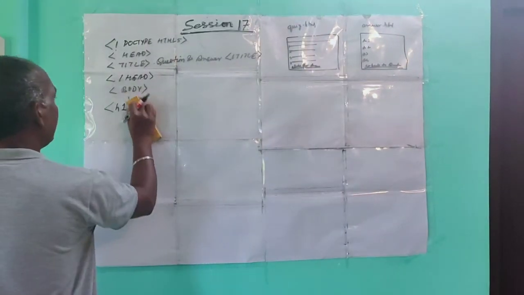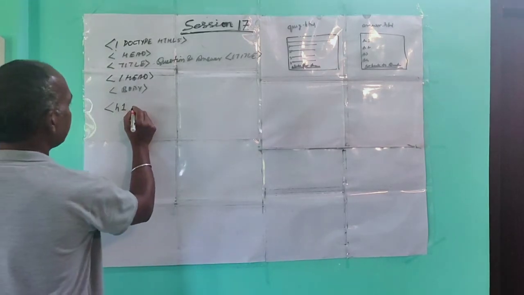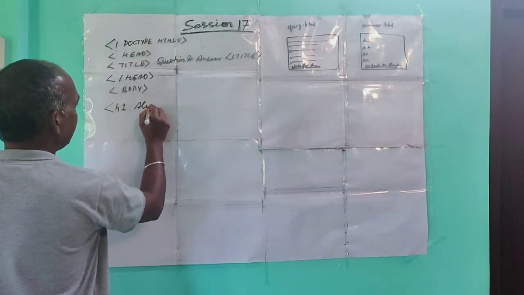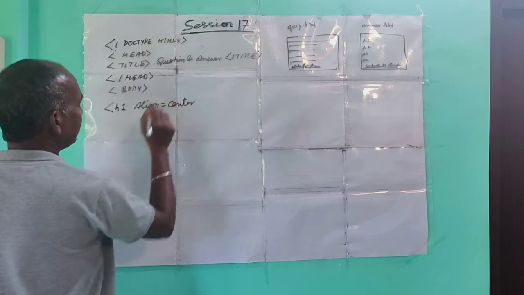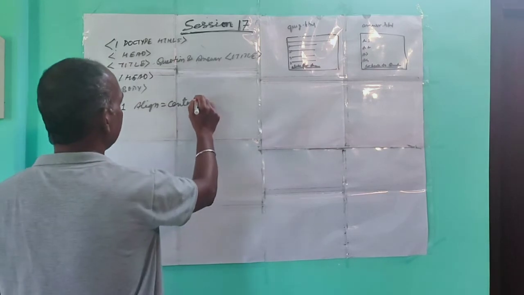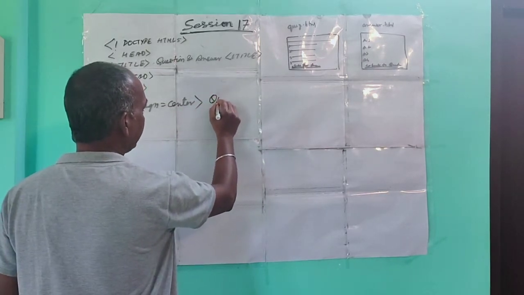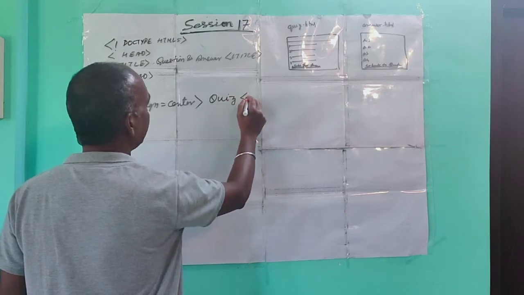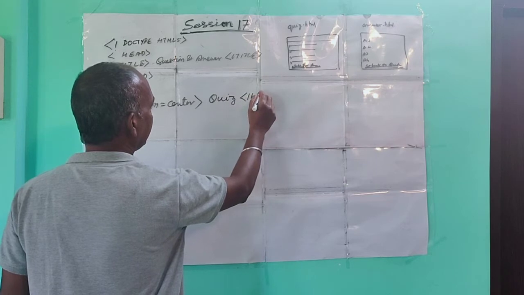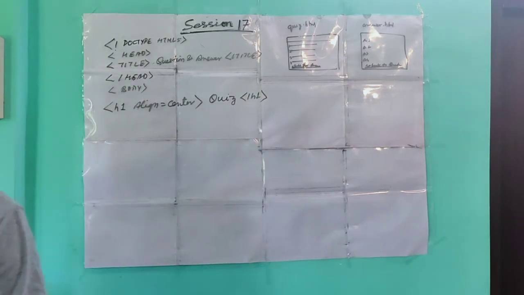Center is the value. H1 align equal to center, then close the tag. Write the text you want to display at the top, then close H1.